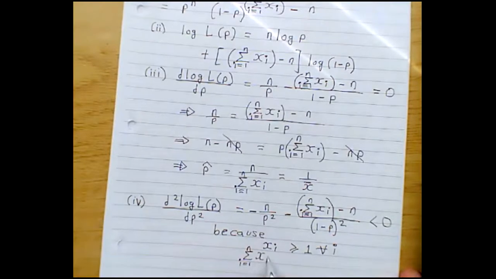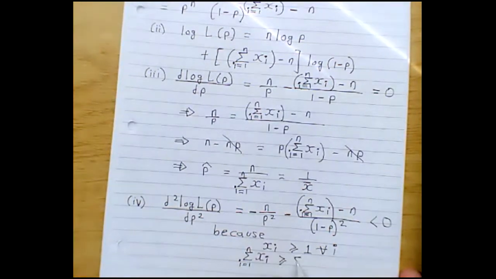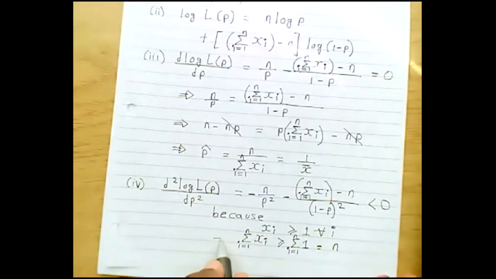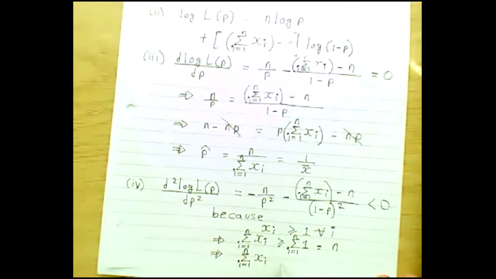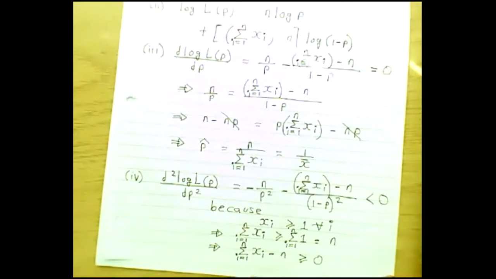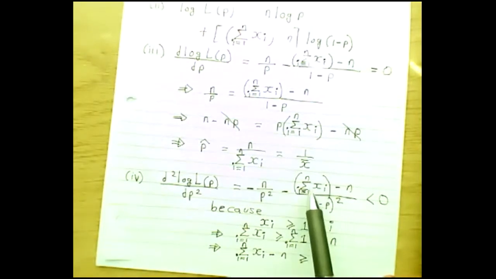has to be greater than or equal to the sum of 1. Now the sum of 1, i from 1 to n, is n. So therefore the numerator, that is the sum of xi minus n, has to be non-negative.